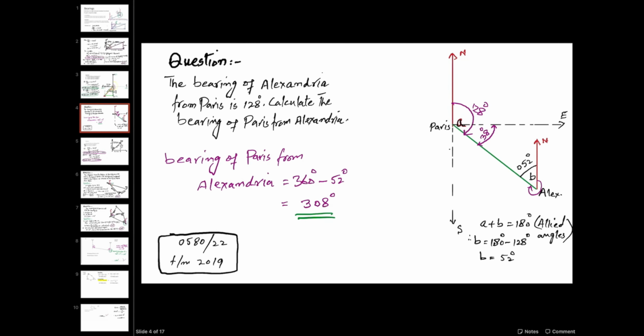Bearing of Paris from Alexandria is equal to 360 degrees minus 52 degrees, which is equal to 308 degrees.